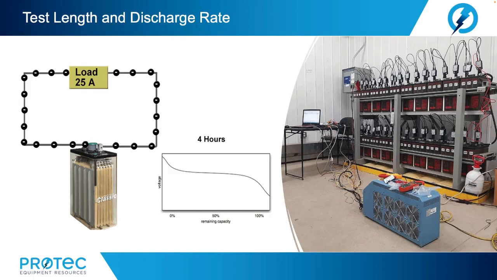But we don't, however, want to assume that the discharge curve of the battery bank is linear with time. Therefore, referring to the manufacturer's datasheet for the battery cells is always highly recommended.